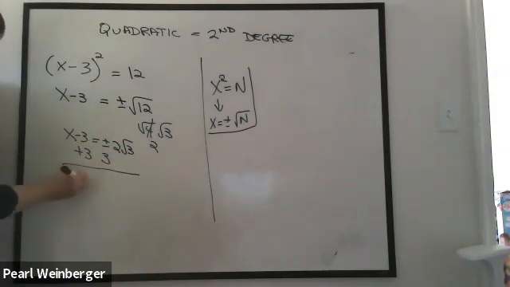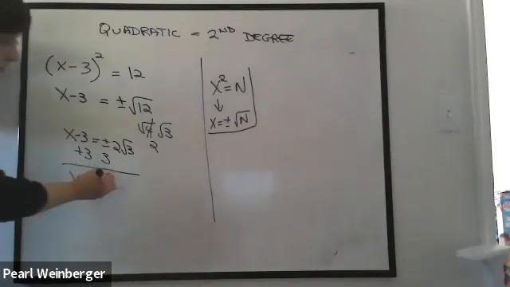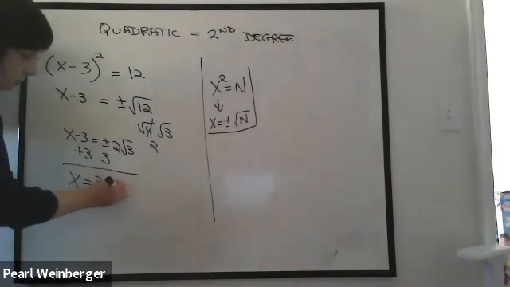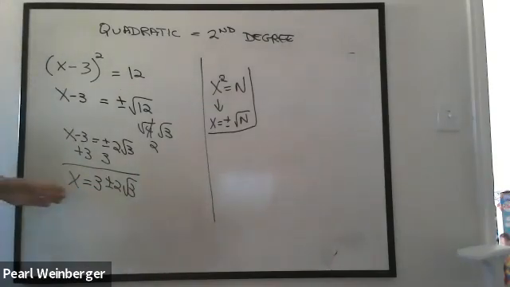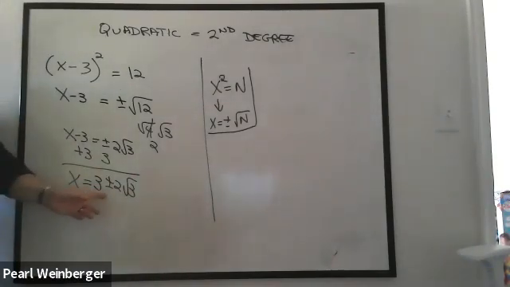And that's going to give me x equals, now remember, what I bring to the other side I always put first. This is a positive 3 because I added 3, plus or minus 2 radical 3. And you know what? I'm going to stop right there because this 3 and this 2 radical 3 are not like terms. This is a regular number.